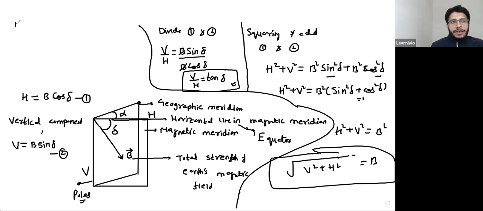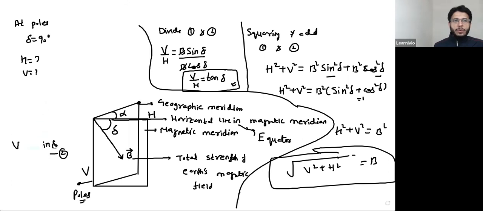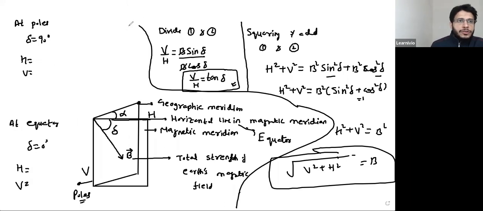Okay, do one more thing. Calculate the values of horizontal and vertical component at poles. At poles, delta is 90 degrees. Calculate how much is H and how much is V. And then calculate these values at the equator. At the equator, your delta is 0 degrees. At poles, H is B cos 90, which is 0.